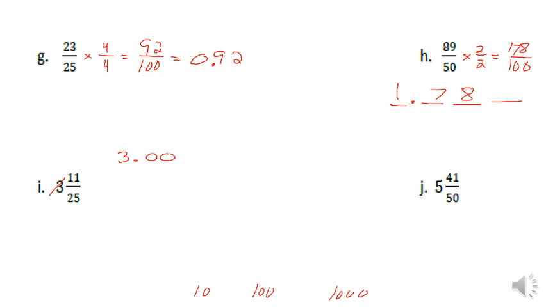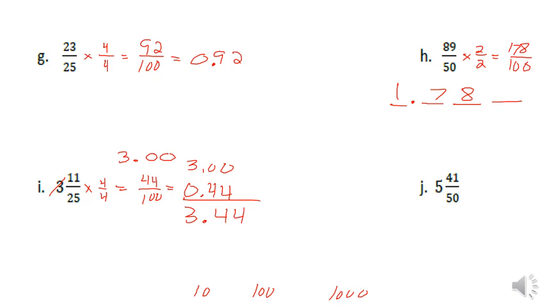Now I'm going to convert 11/25 to hundredths, because I know I can multiply by 4 over 4, which will give me 44 100ths. So to write 44 hundredths, it'd be 0 and 44 hundredths. But I've got to add my 3 from my whole number, and now I have 3 and 44 hundredths.